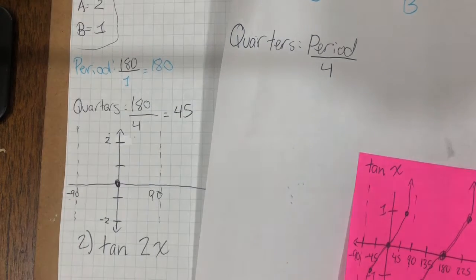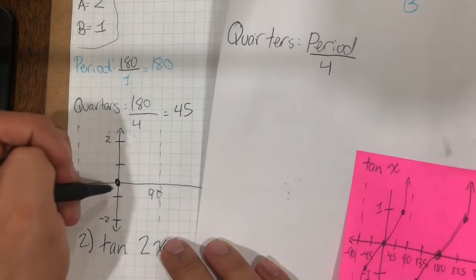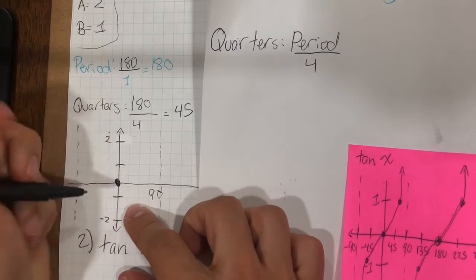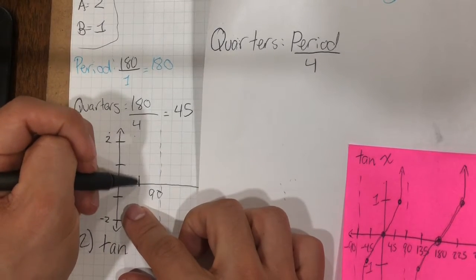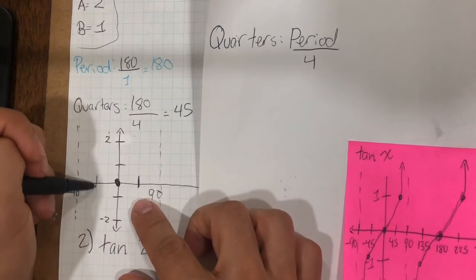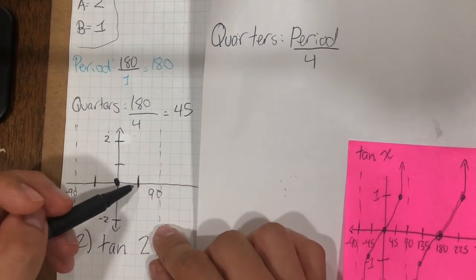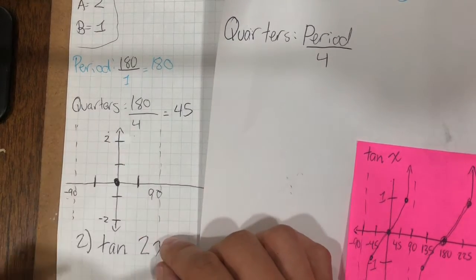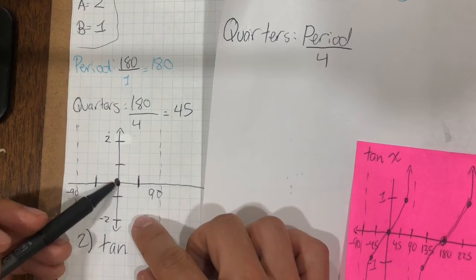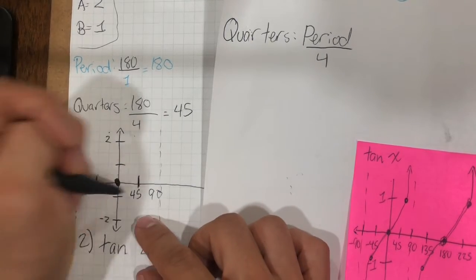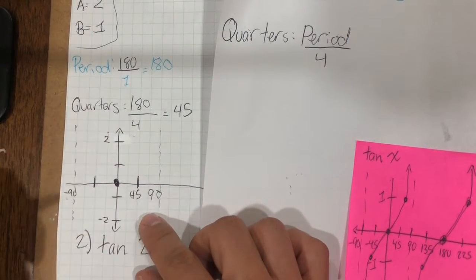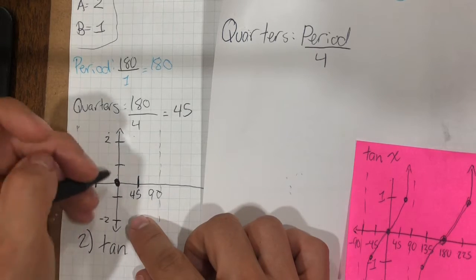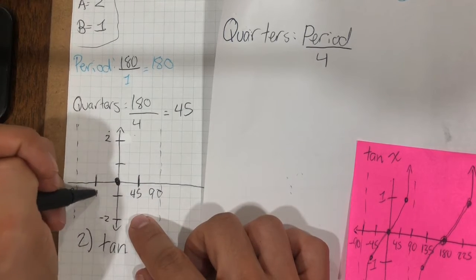All right, and this is the middle, so if I were to separate it into 2 halves, we would have one number over here and one number over here. For each x value, we're going by 45. So we have 0 to 45, 45 to 90, and then 0 to -45.